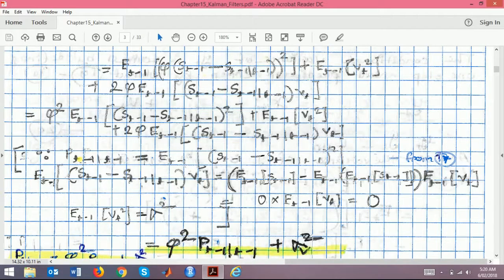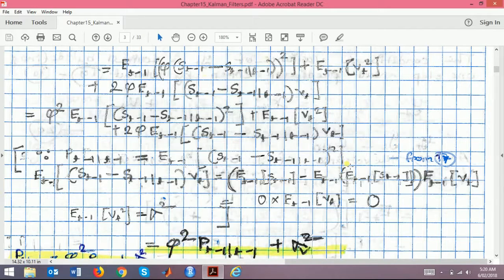We just talked about conditional variance before. P1|0 was the difference s1 minus s1|0 squared. Now we are talking about P0|0, which is s0 minus s0|0 squared.